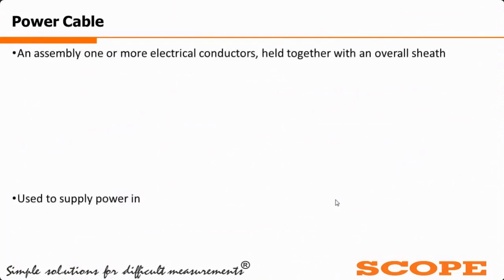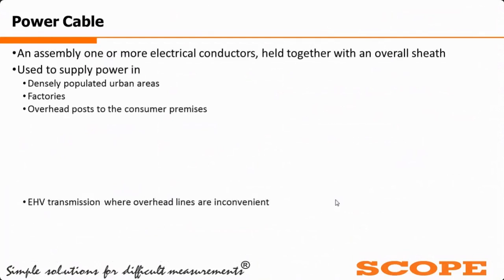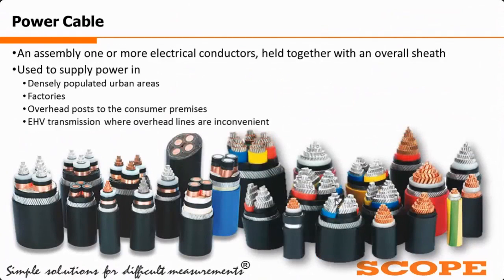So let's start with the power cable. The power cable is mainly used for transmitting power in underground applications. Underground power cables are very useful in densely populated urban areas, because the smart cities concept is being widely adopted by the Indian government.